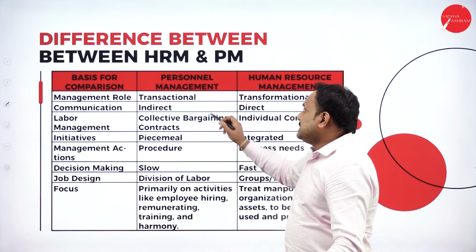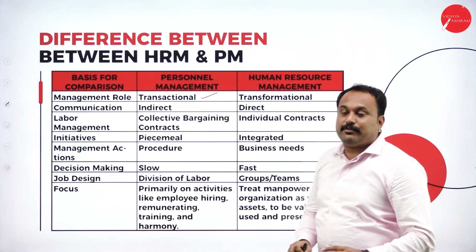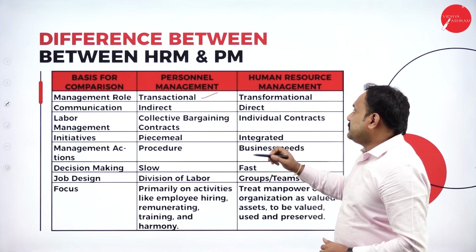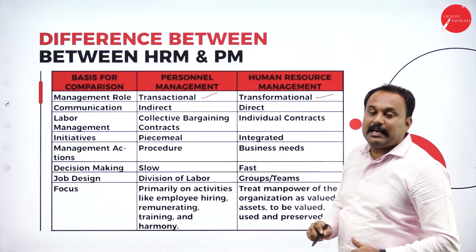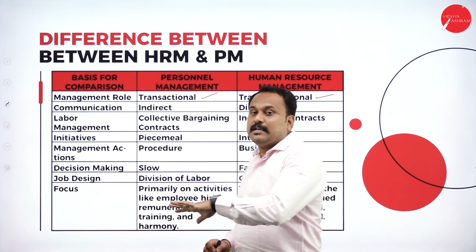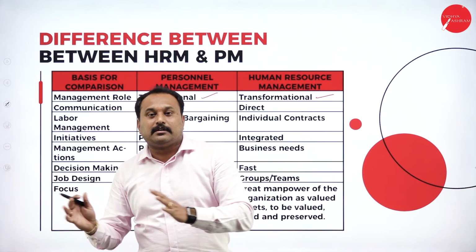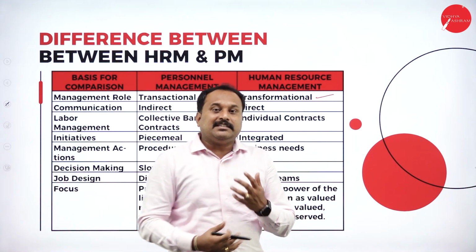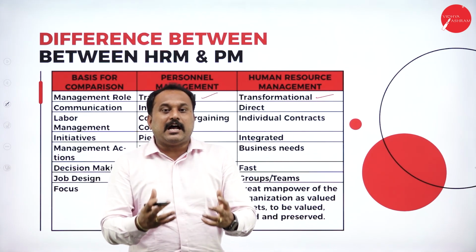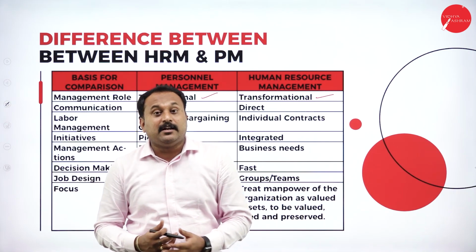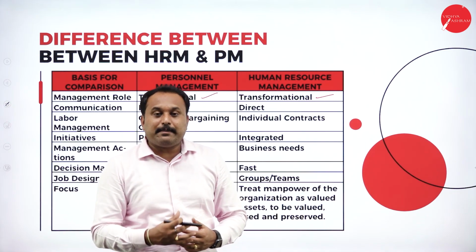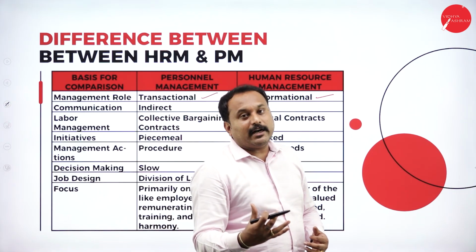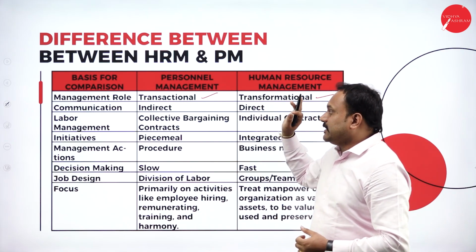Here, transactional behavior will happen in personal management, and transformational will happen in human resource management. From negative to positive, you completely change yourself, because you are getting more incentives. You will get more targets, you will get more sales, you will get more benefits. So what happens is, you will work really hard in human resource management.